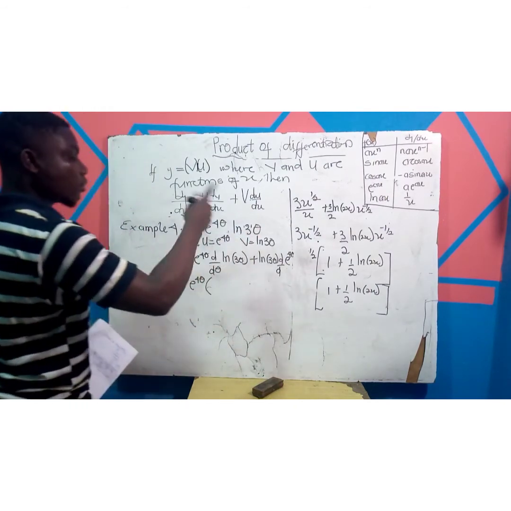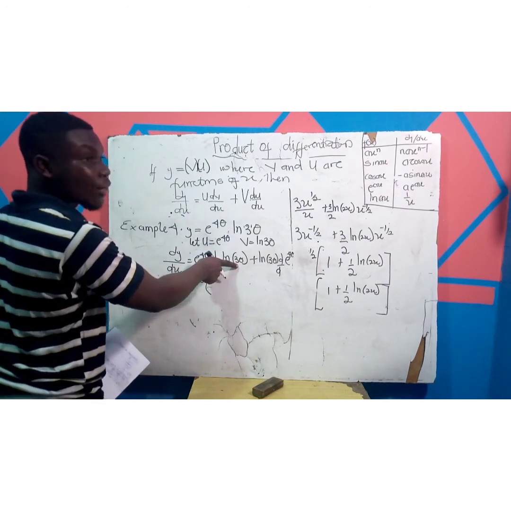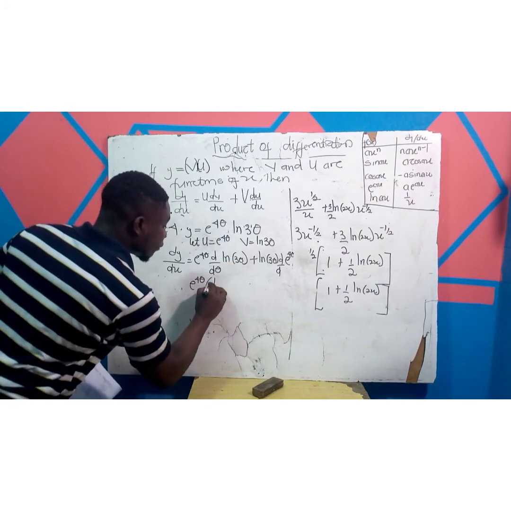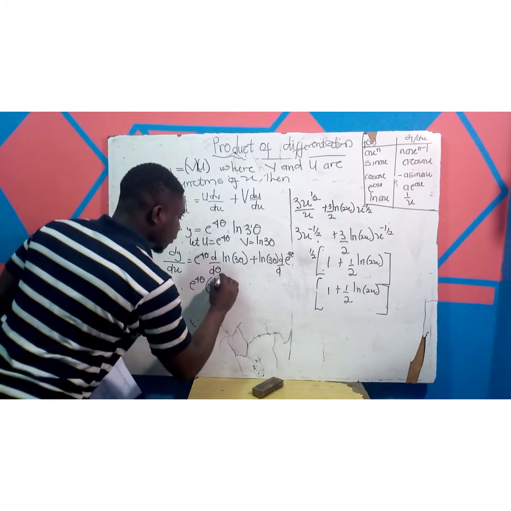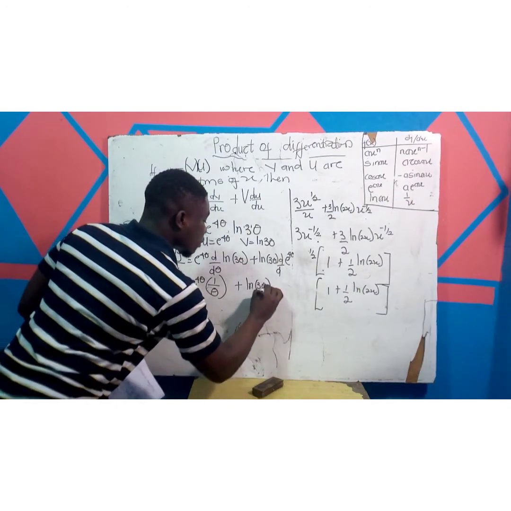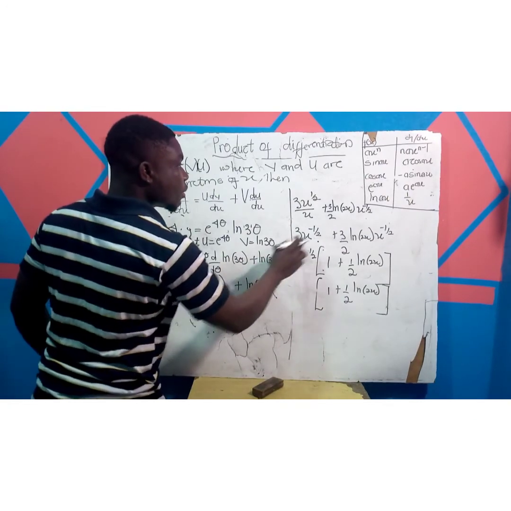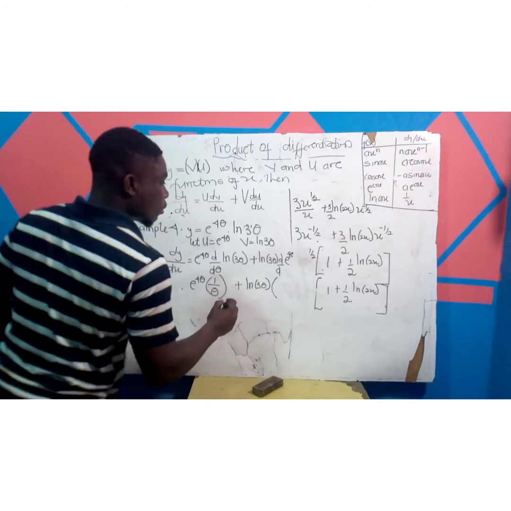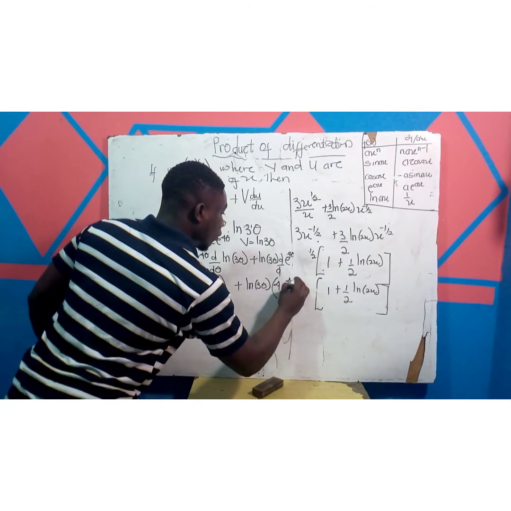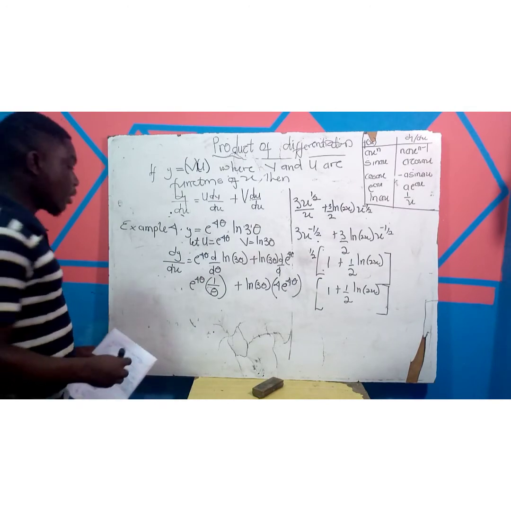You differentiate what is in the bracket, you get 3 over the same function, so you're going to get 1 over theta. Plus, this is constant, we differentiate what is in the bracket, e exponent 4 theta, e exponent ax, so we have 4 e exponent 4 theta.